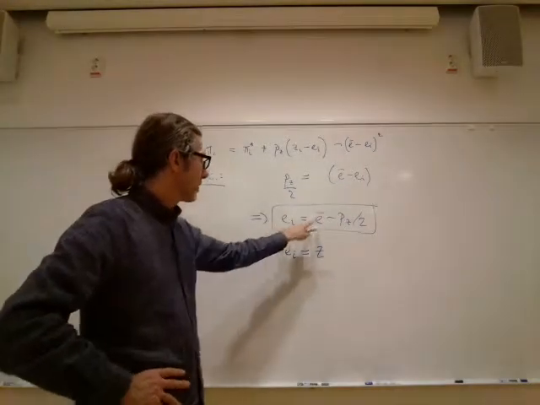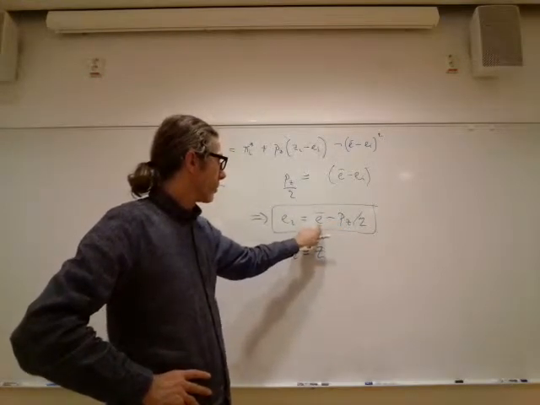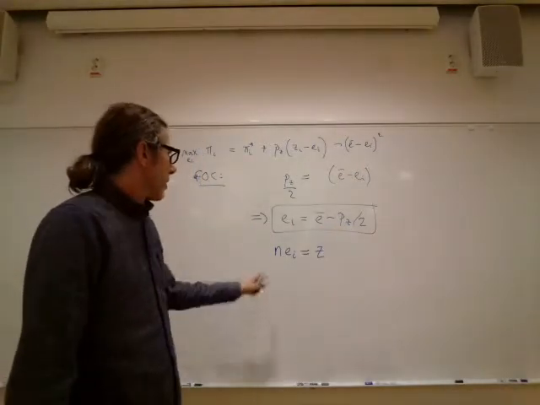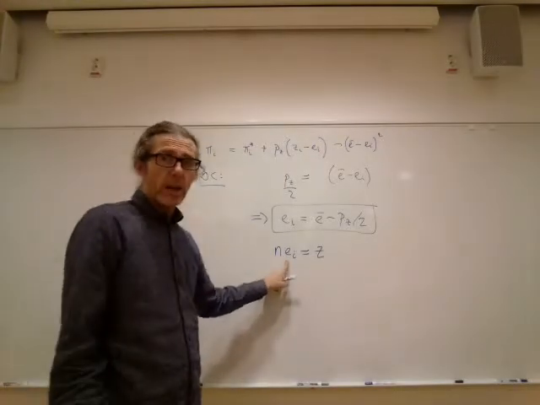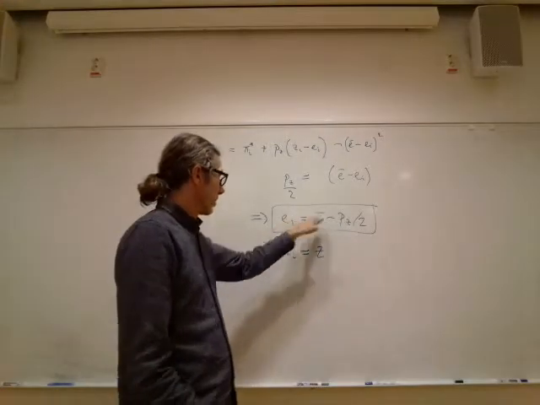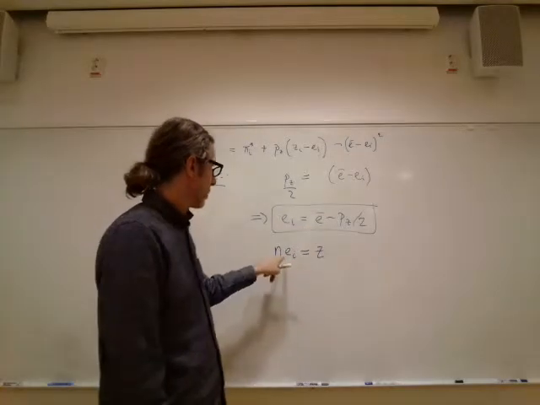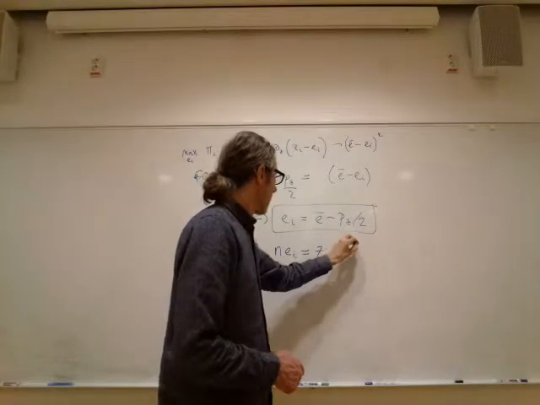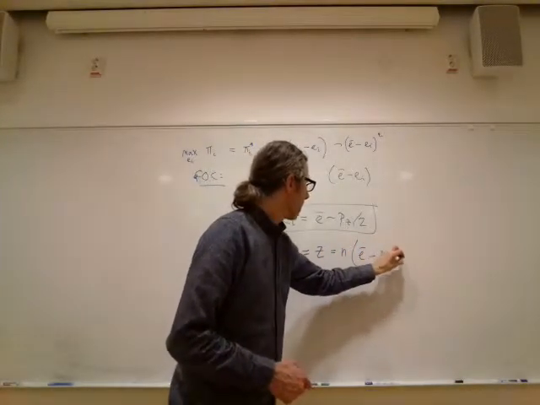So whatever I is, each firm is going to emit the same. Because their E bars are all the same and they're all facing the same permit price. So then we can just multiply by N to get all the firms. If the firms were emitting different amounts, we couldn't do that, right? But we can in this case, so we can just say N EI equals Z equals N E bar minus PZ over 2.